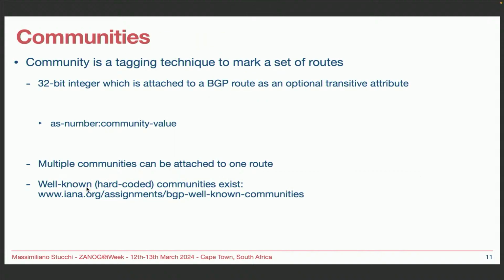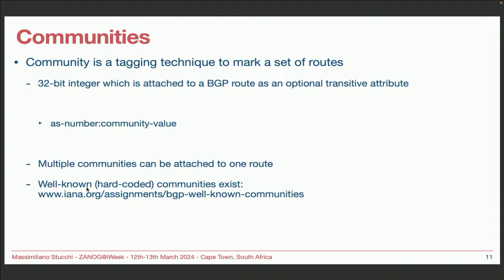We have found that some people use communities. What are communities? Communities are a way to tag BGP updates. You have a BGP update, you add a community, you give it an additional meaning.